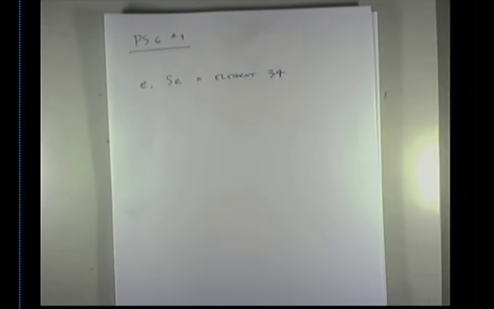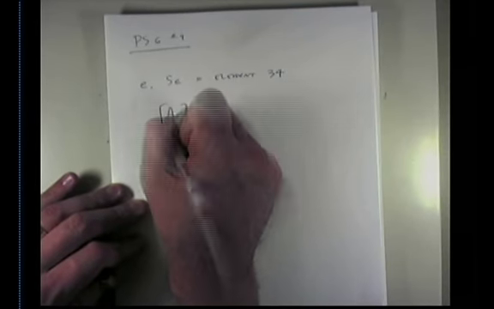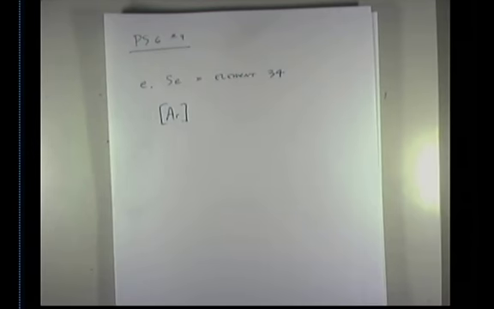What I do is I realize that the noble gas that precedes selenium on the periodic table is argon, element number 18. So I write argon with brackets around it, and when we see this, that denotes the entire electron configuration for argon. Now all I do is I add electron configurations for everything in between argon and selenium.